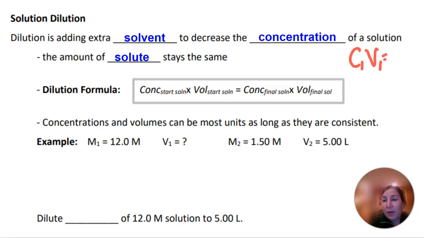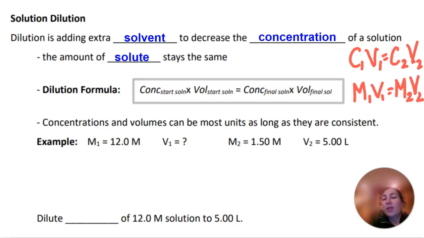Sometimes C1V1 equals C2V2. Maybe you have seen it that way in, say, biology, for example. Us chemists most often like to write M1V1 equals M2V2, where M is our molarity concentration.